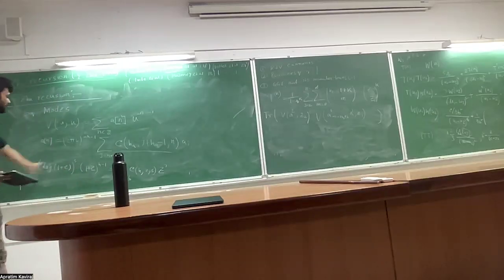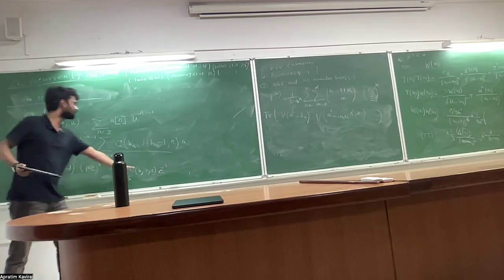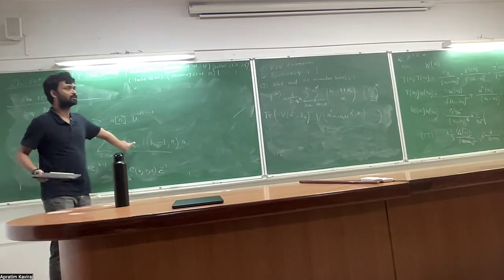So if you expand this side and collect the coefficient of z to the power j, you will get the C_j's, which are these C's.